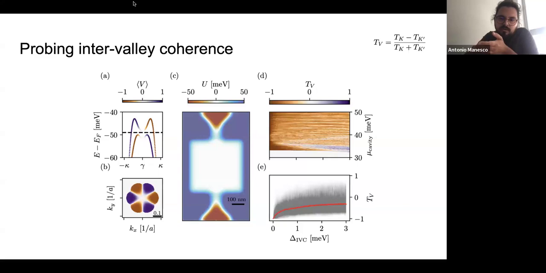Everywhere else, the valley number is somewhat well preserved. You need certain scattering events to mix the valleys, and those are the places where you get some decrease in the valley polarization. But overall it's somewhat preserved, so we see this slow decay. It doesn't go to zero immediately.